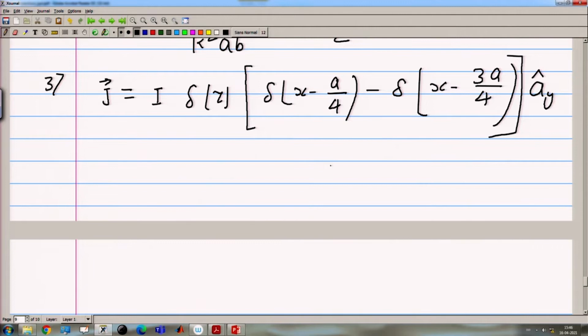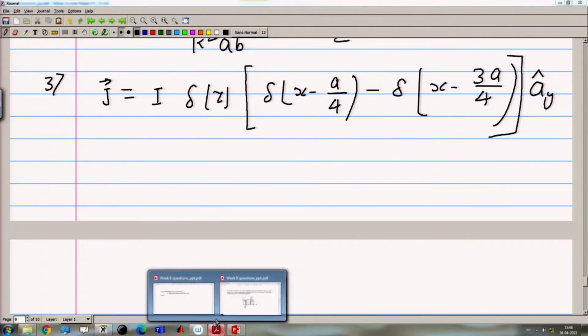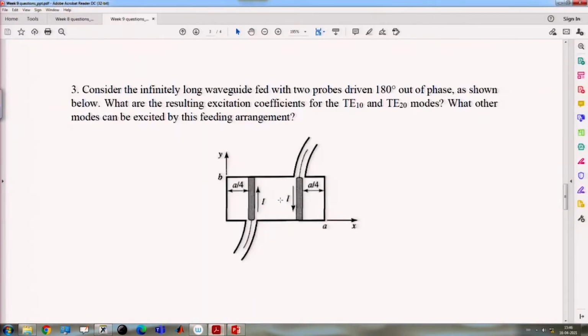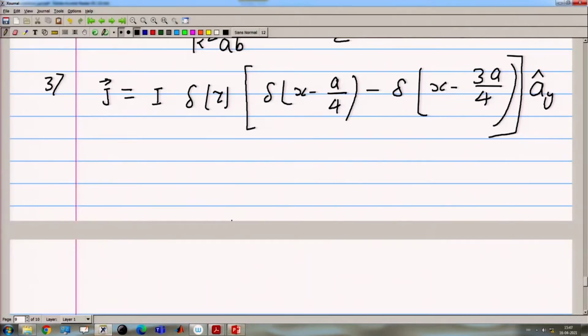This is valid between y equal to 0 to b, so it is touching the other side from 0 to b.